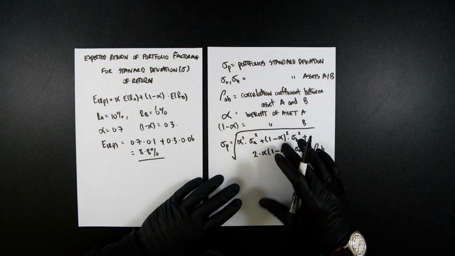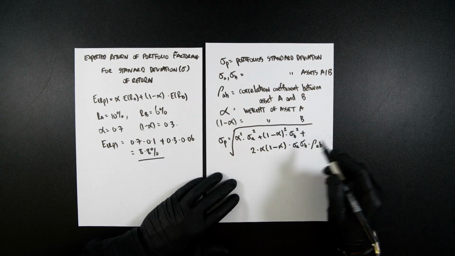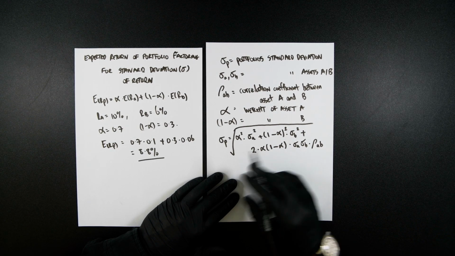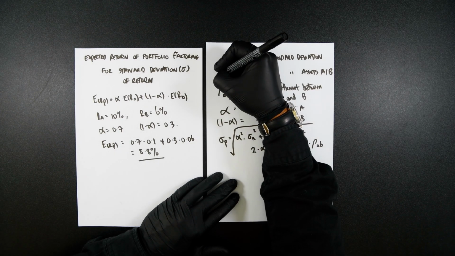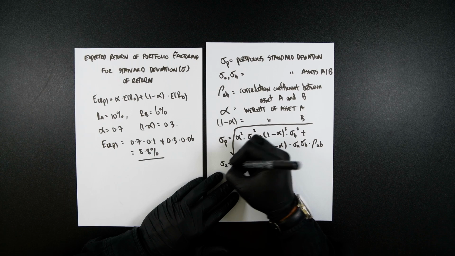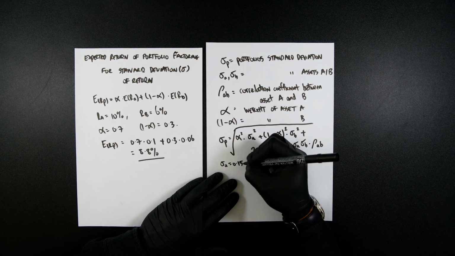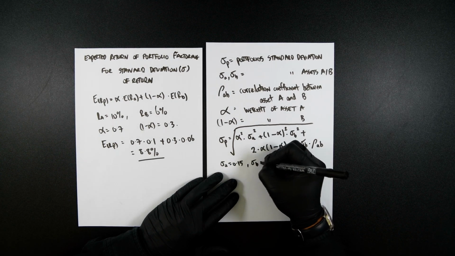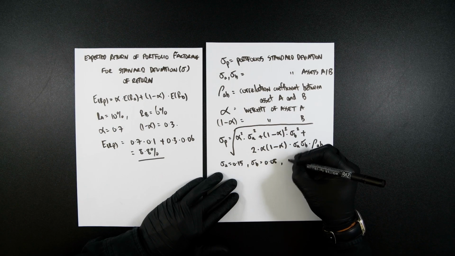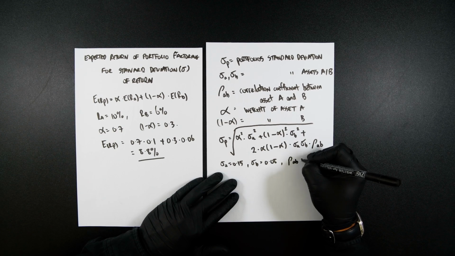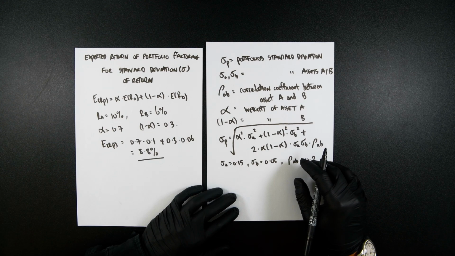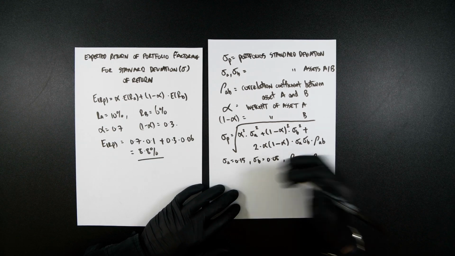It's quite something. So let's now plug everything in. Let's say that sigma A is 0.15, sigma B is 0.08, and let's do rho AB equals 0.2, so that's a low correlation between assets. And let's start plugging away.